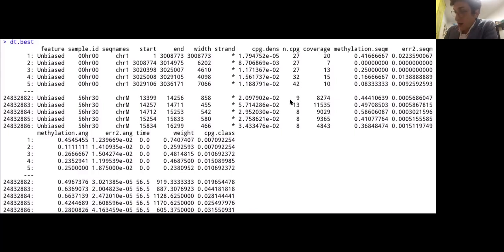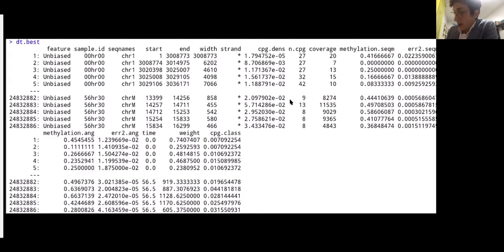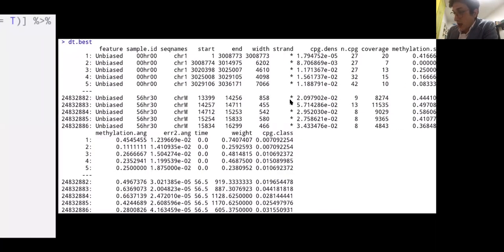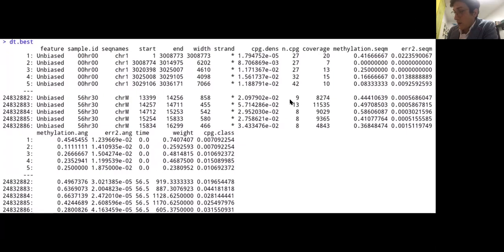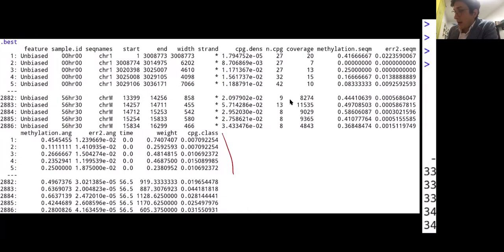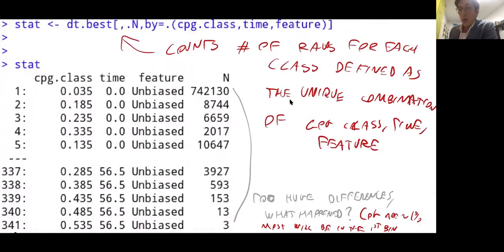And here you see we created this very nice column that we will call CPG class. Now, let's look at what I call stat.